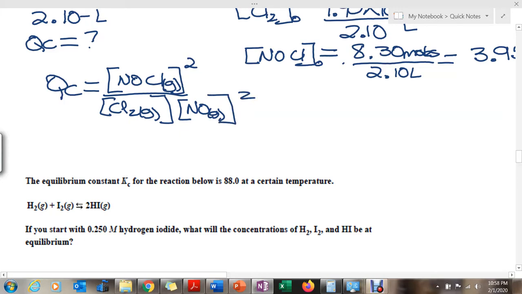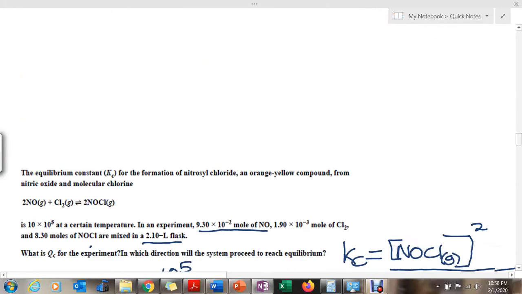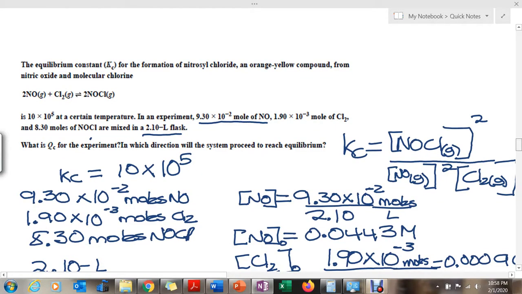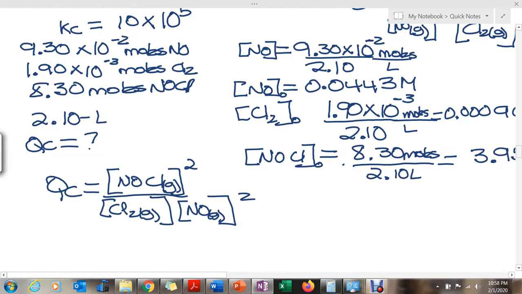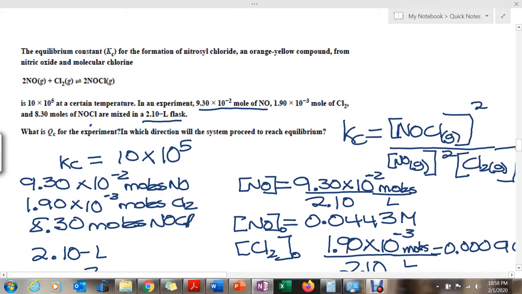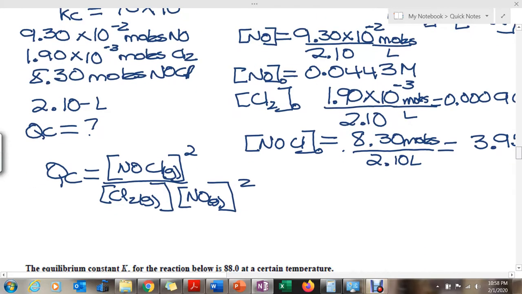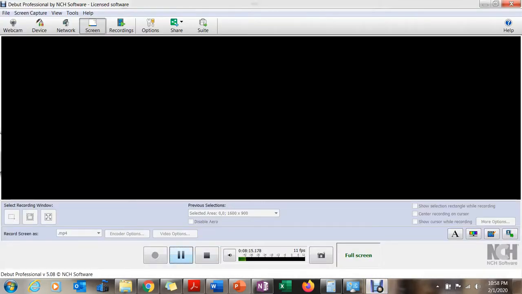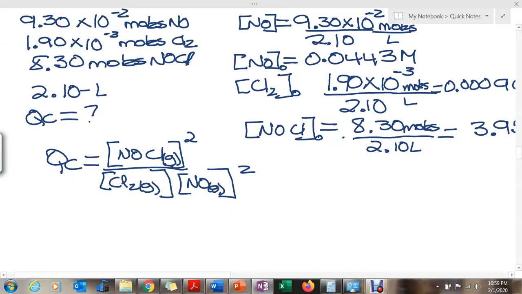Let's check the equation again. Make sure we got it right. Okay, so what we're going to do now is calculate Kc because the second part of the question asks in which direction the system proceeds to reach equilibrium.